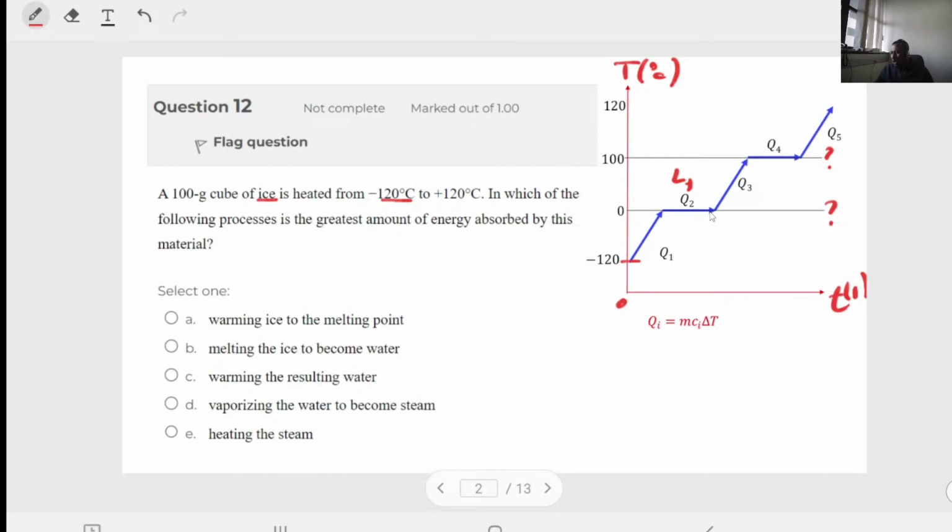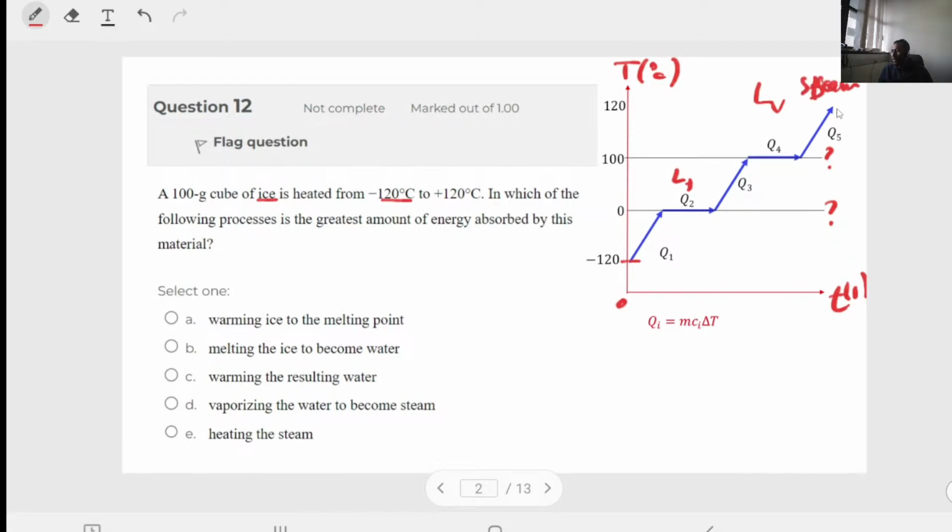Once it becomes liquid, heat has to be supplied to the liquid. Q3 is basically to heat the water. The moment it reaches 100 degrees centigrade, it undergoes another phase change. This is the latent heat of vaporization, LV. Beyond that, if you continue heating, it goes into steam.